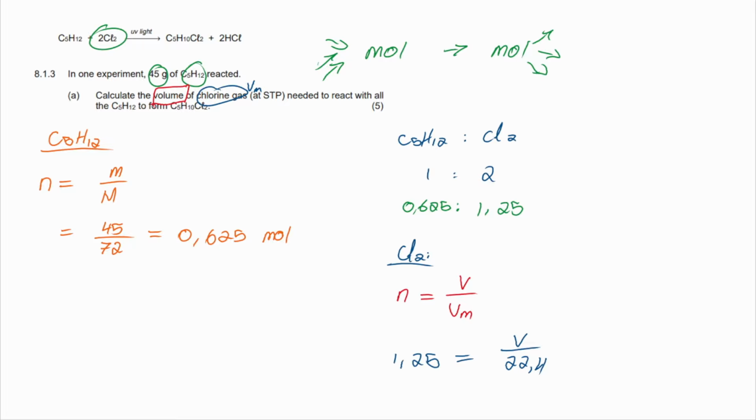When we do this, we find that the volume is equal to 28 decimeter cubed. Don't forget your units. It's a volume, so it is in decimeter cubed.